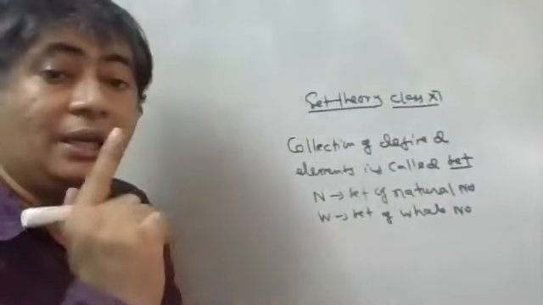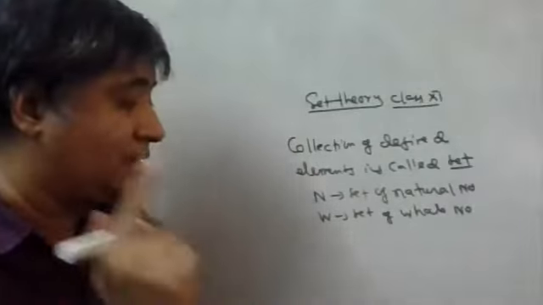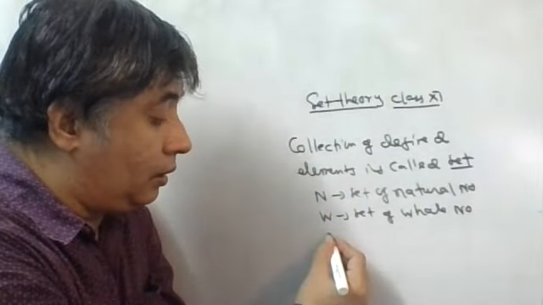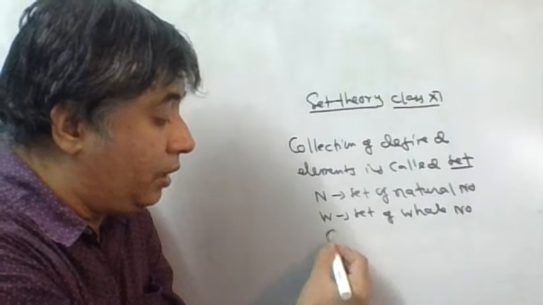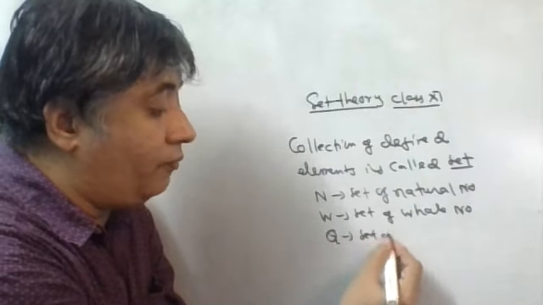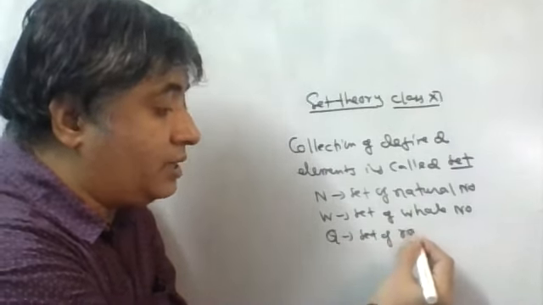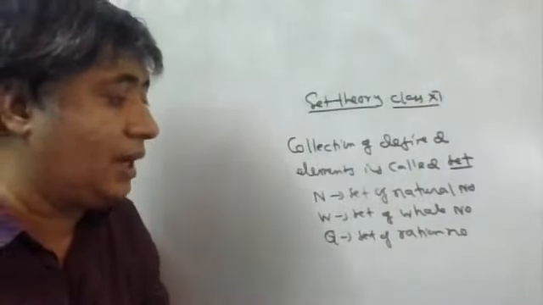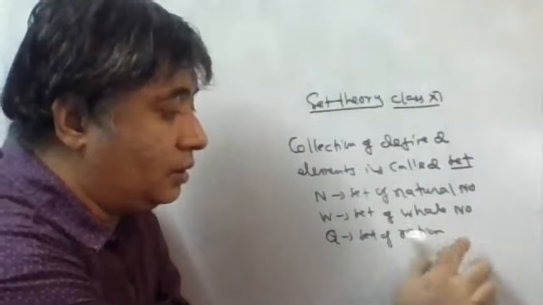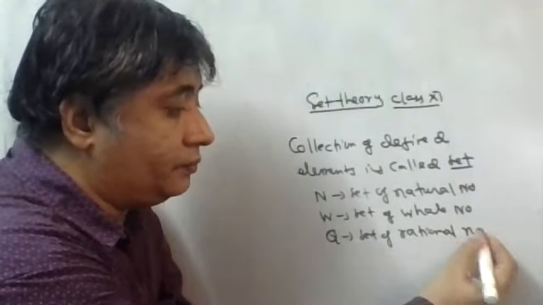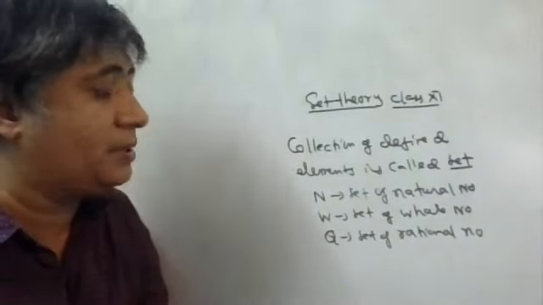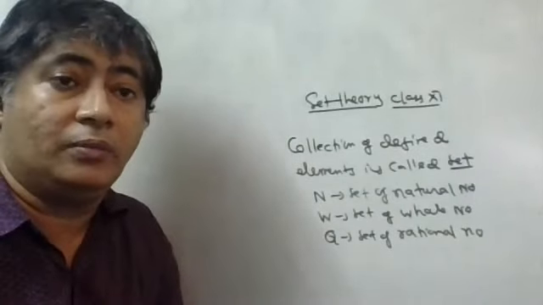Whole numbers have one element extra, that is 0. Now, Q, set of rational numbers. You are quite familiar with the term rational number, meaning the numbers which can be expressed in p by q form.